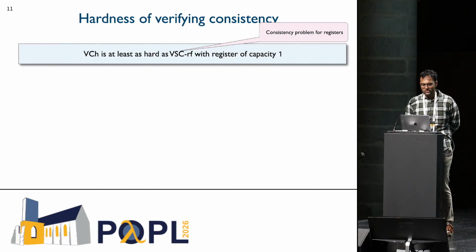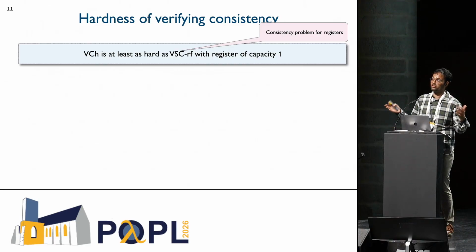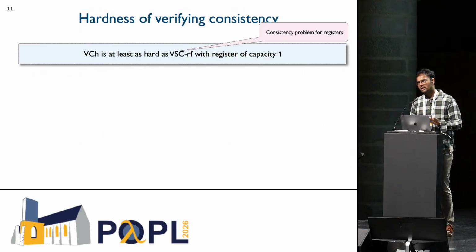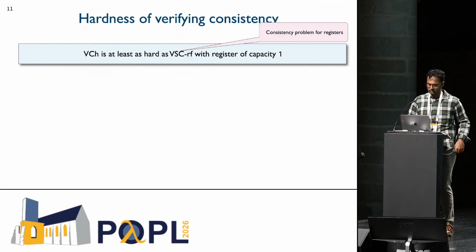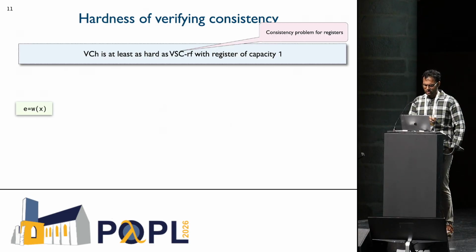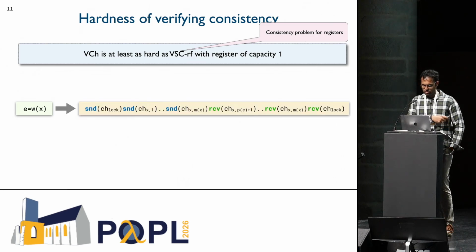The very first observation that I'd like to make is that this problem VCH is actually harder than the corresponding problem when you have registers. That's because you can simulate registers using channels, in fact channels of capacity 1. Roughly the construction goes as follows: for every write event, you translate it into a bunch of sends and receive events.